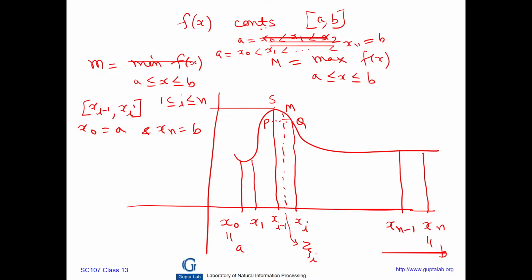So I say that here mi is the minimum of f(x) between xi minus 1 less than or equal to x less than or equal to xi. Here again, 1 is less than or equal to i less than or equal to n. Same thing, capital Mi is the maximum of f(x) between these.